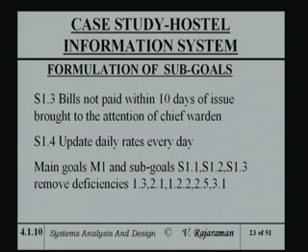If you look at the main goal M1, the main goal was that source requirements were not frequently updated, okay, and the sub goals were in terms of the removal of not itemizing bills and the variations in the bill and so on.